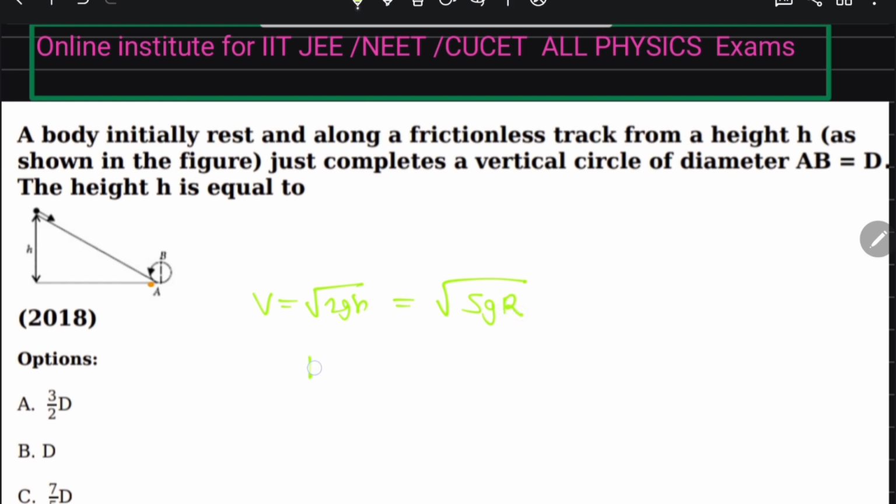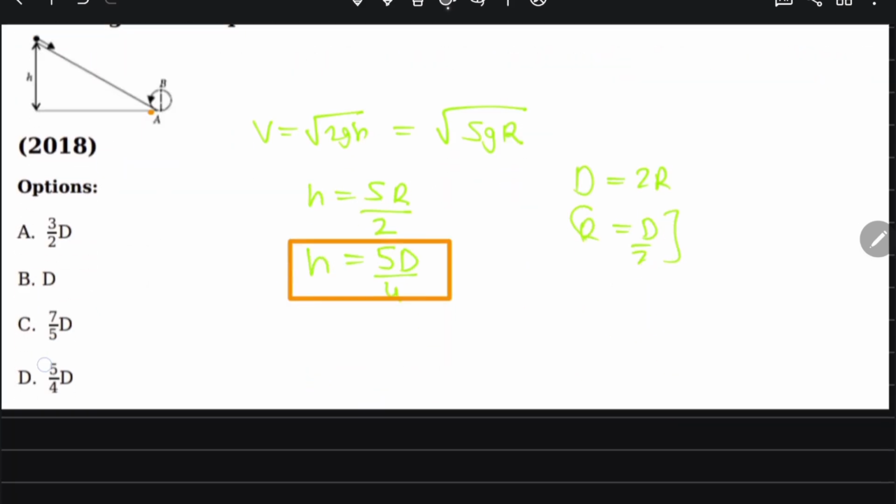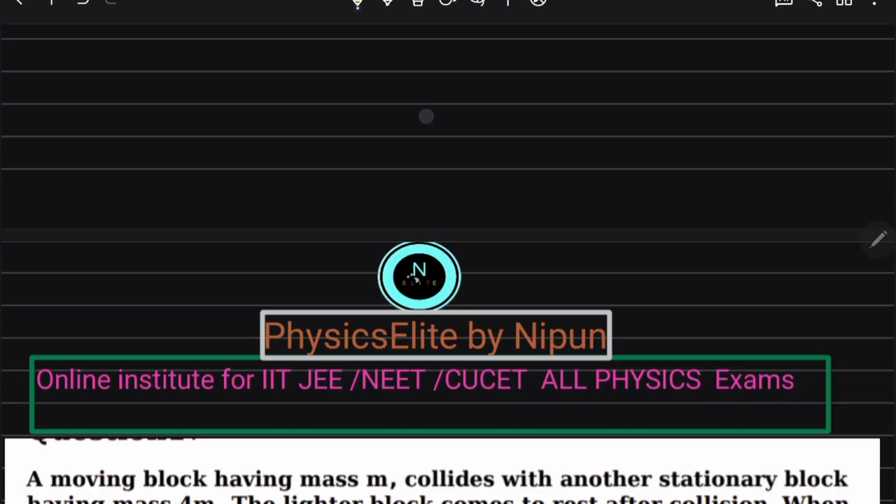So I found that height comes out to be 5r by 2, and the diameter is 2 times radius, so radius is d by 2. So height comes out to be 5d by 4. So option D is correct.